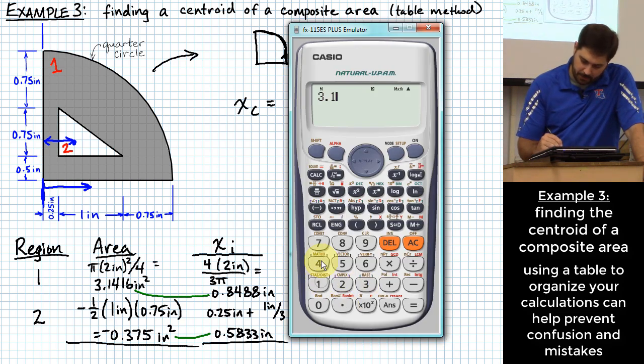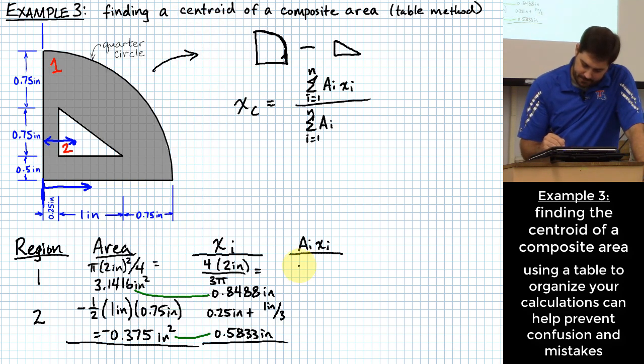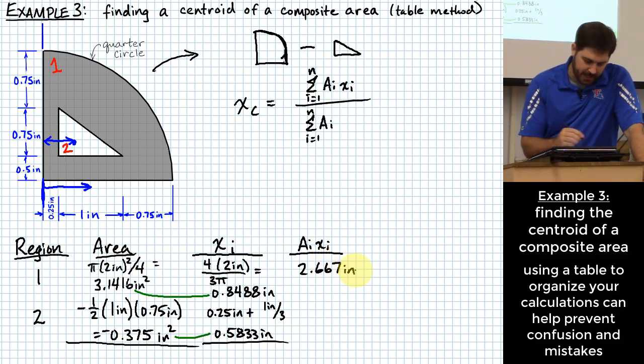Okay, 3.1416 times 0.8488 gives me 2.667. And what do I have for my next one?